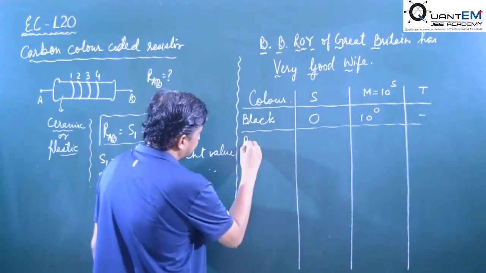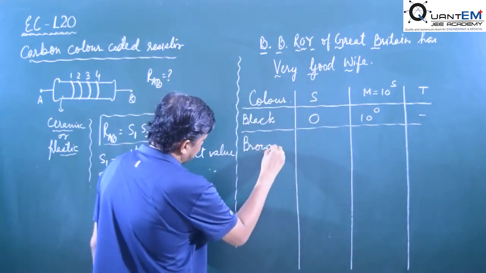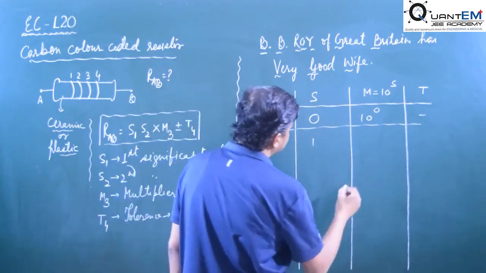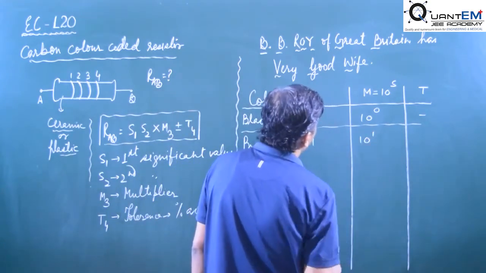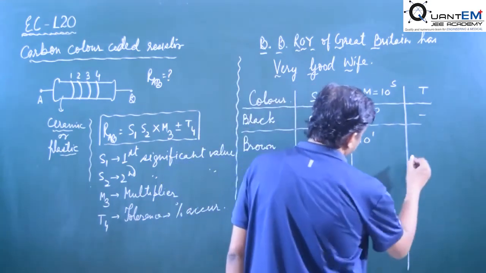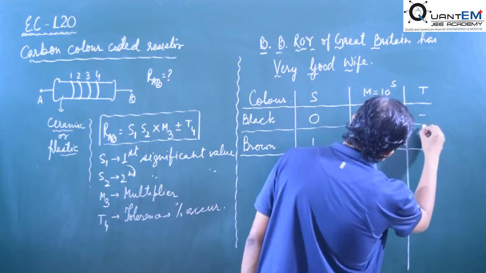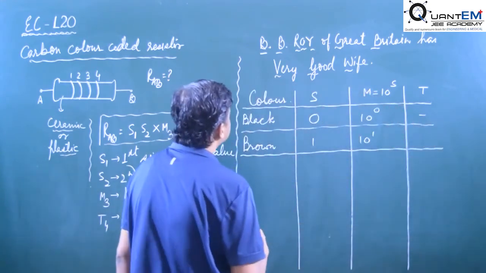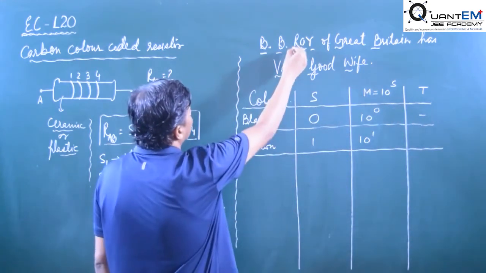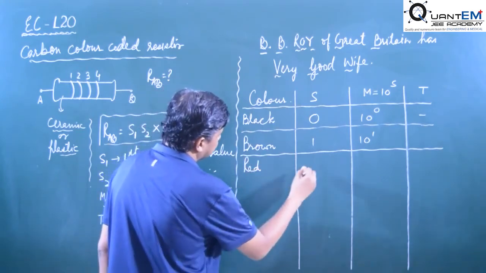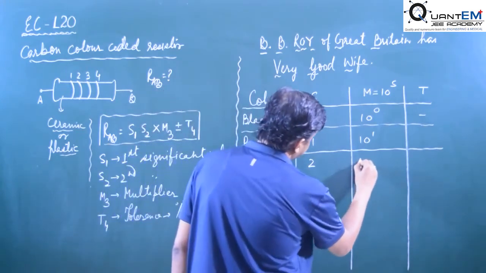Now the next color is brown. The significant value for brown is 1. Multiplier 10 to the power 1. No tolerance value. Now we come to R. R for a red color, 2.